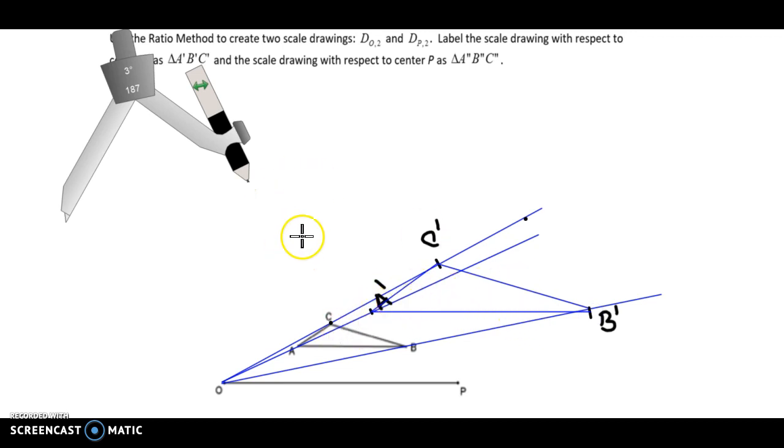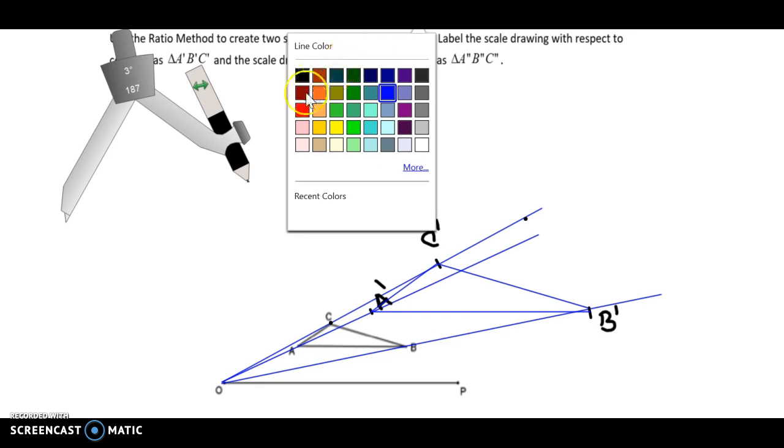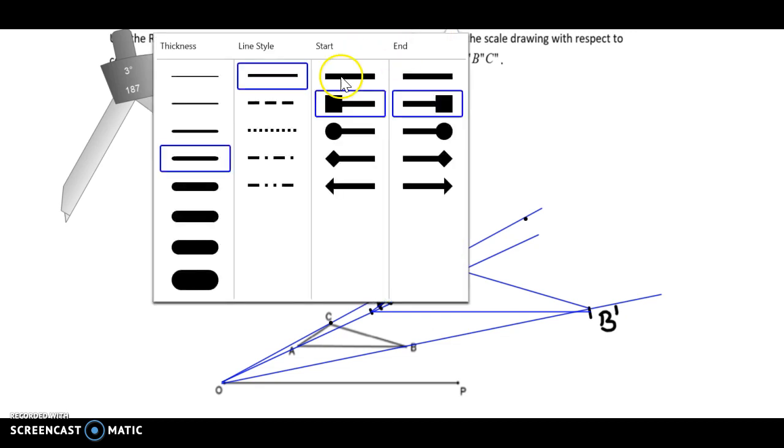Now you're going to do this all again, but this time you're going to center your dilation at P. I'm just going to get you started, and you're going to have to finish this off. Let's do red this time.